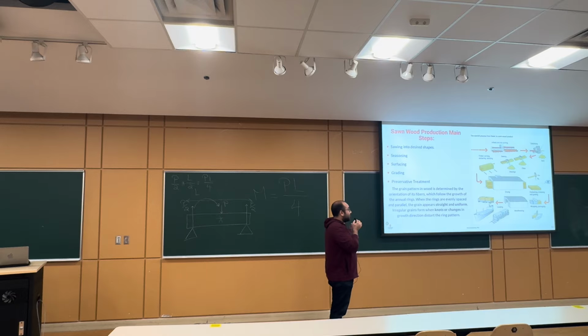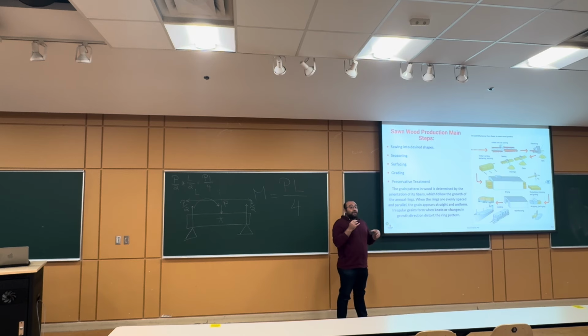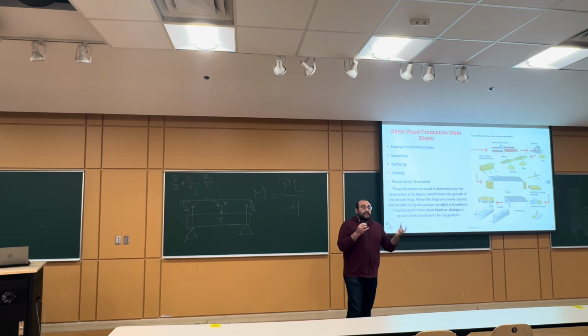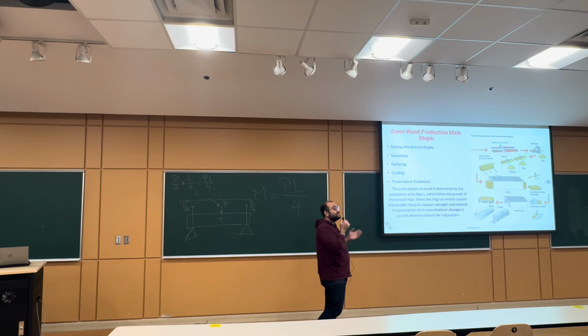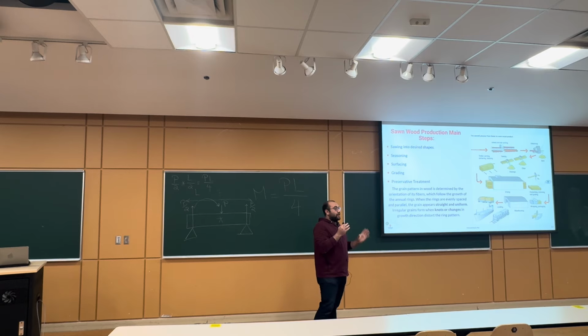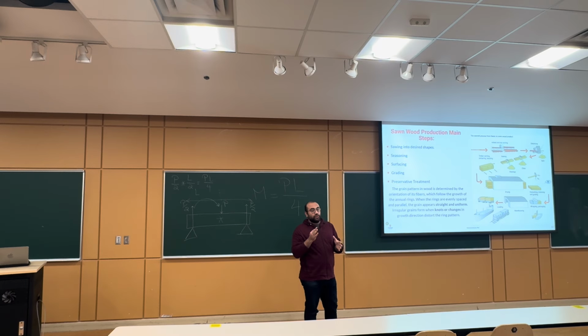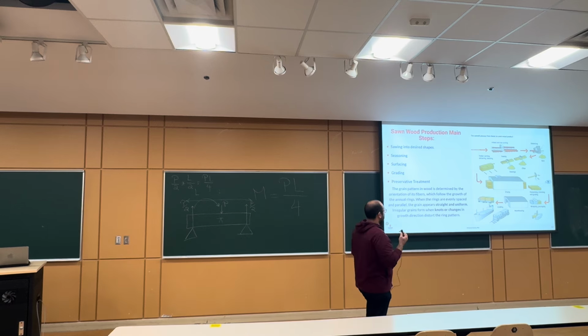Or we can cut them into smaller pieces depending on the application or depending on the aesthetics that we want to achieve. After the sawing process, we have the seasoning process. The seasoning process is simply the drying process. We dry those pieces of wood that we cut to have them with lower moisture and higher strength, because as we said in the last lecture, the more moisture we have, the lower the mechanical properties we get. So seasoning is very important.